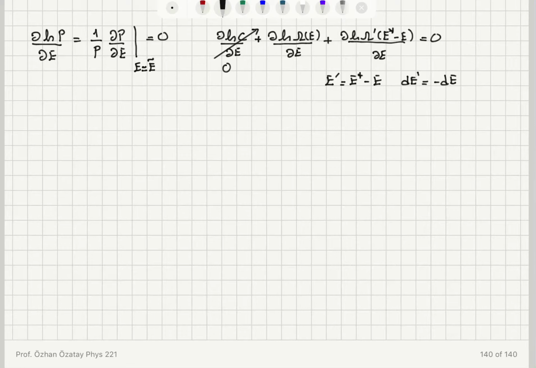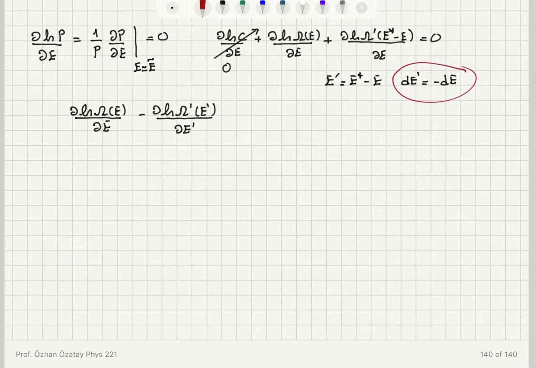So I will have the derivative of the natural logarithm of omega with respect to E minus the derivative of the natural logarithm of omega prime at E prime with respect to E prime, because I have made this substitution. dE prime is minus dE, and I substitute E prime as E star minus E. This has to be equal to 0 at E equal to E tilde.